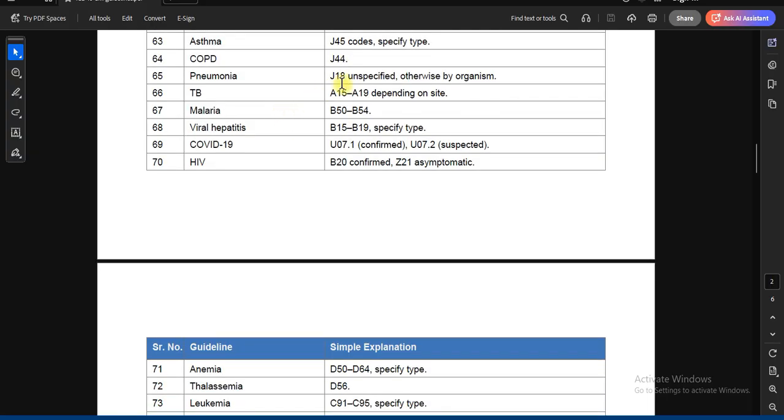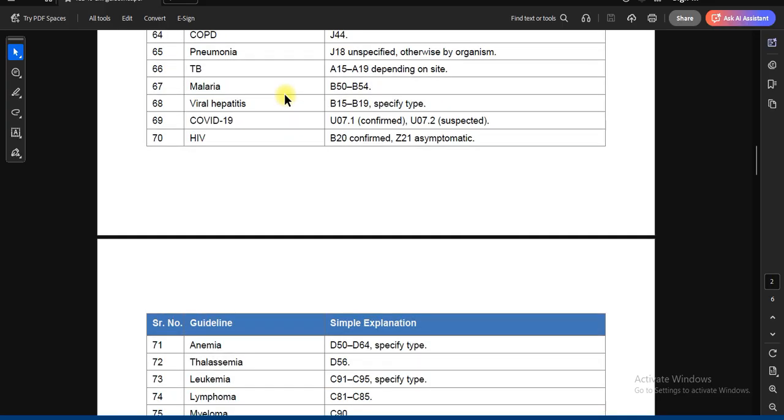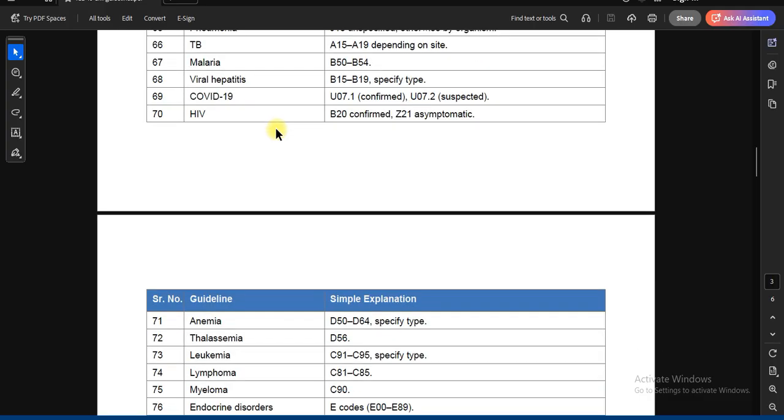For pneumonia, we will use J18 for unspecified pneumonia. If you know the organism reported for pneumonia, we need to use the organism also. Next, TB, usually called tuberculosis. For that, we need to use A15 to A19 series depending on the site of the TB. Next, we have malaria.